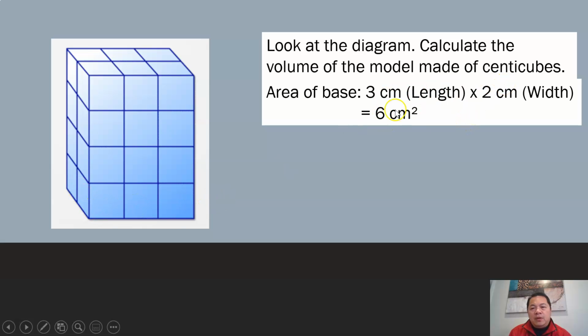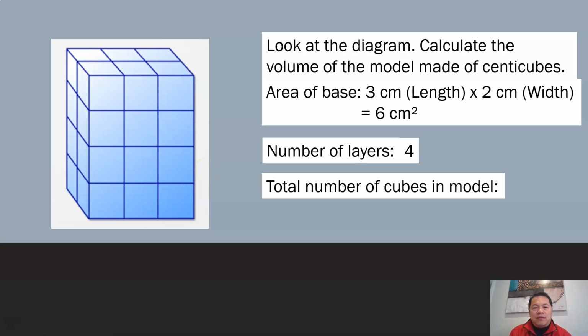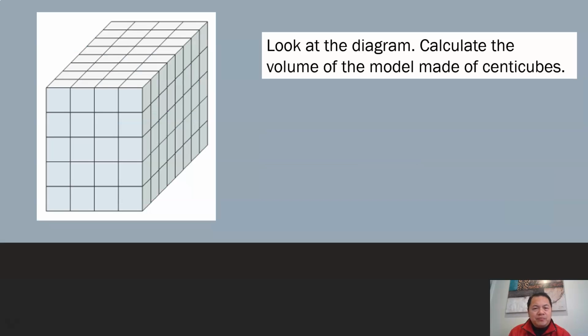That's why 3 times 2 is 6. So that's the area of the base, and there are 4 layers, so the total volume will be 6 times 4. So there are actually 24 cubes in this model. Okay, moving on, next question.